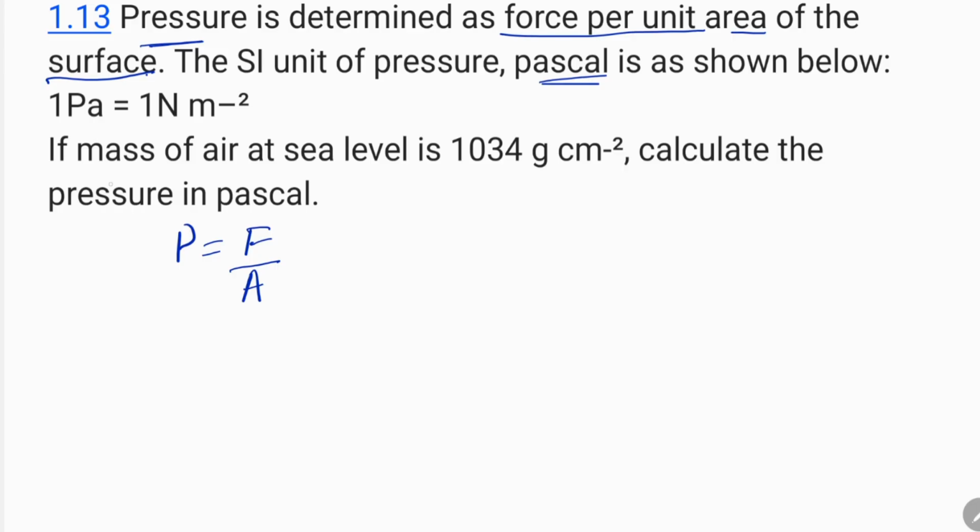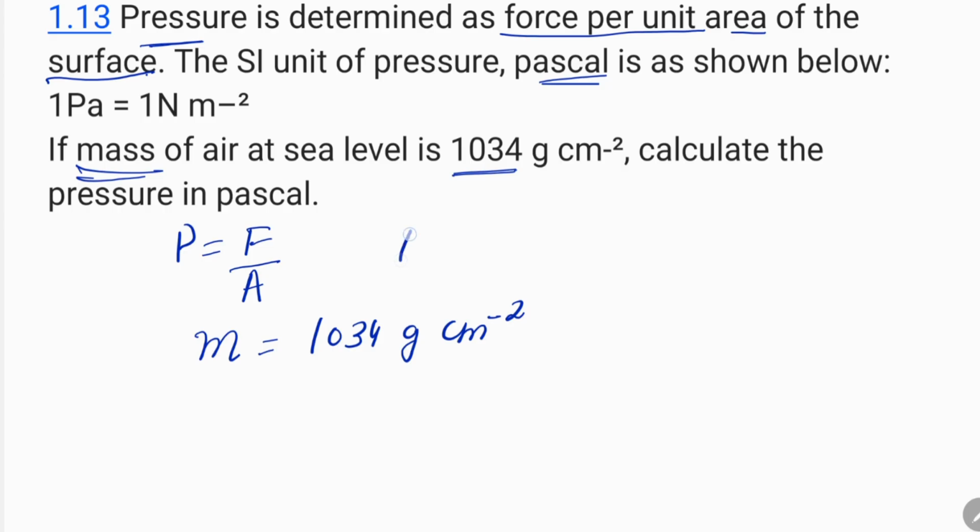Then, if the mass of air at sea level is 1034 gram per centimeter square, calculate the pressure in Pascal. So we have been given mass, which is 1034 gram centimeter inverse square, right?